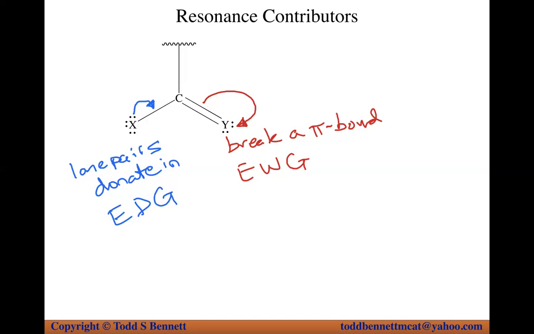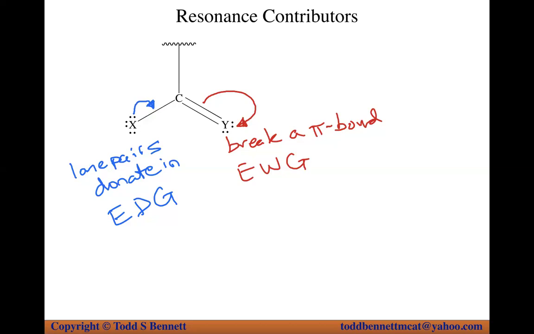Electrons will want to go somewhere positive. Generally speaking, an electron withdrawing group will help make something more positive because you're taking electrons away, so it will increase the acidity of a compound. And lone pairs that donate in, that's kind of what a base does, adding an electron pair in, will help make the rest of the compound more basic.